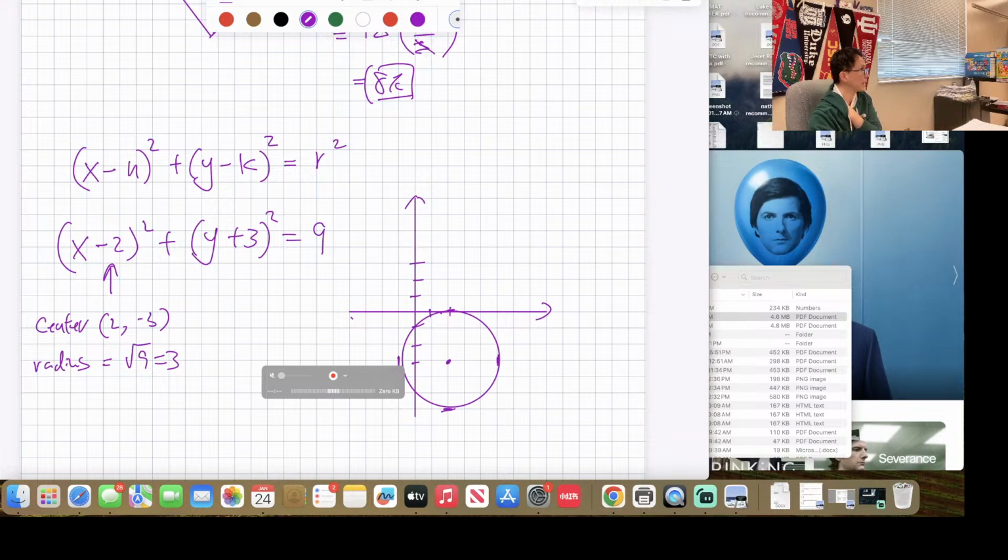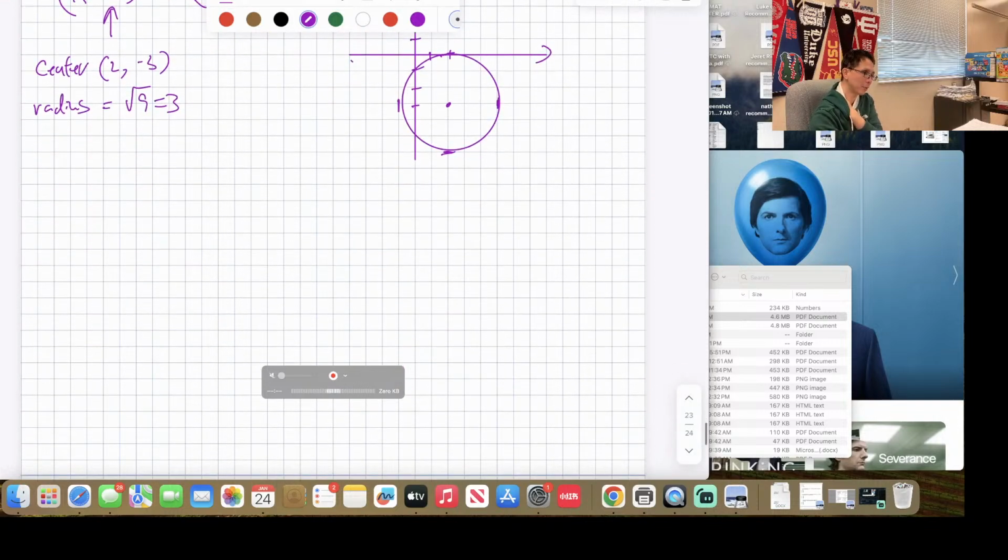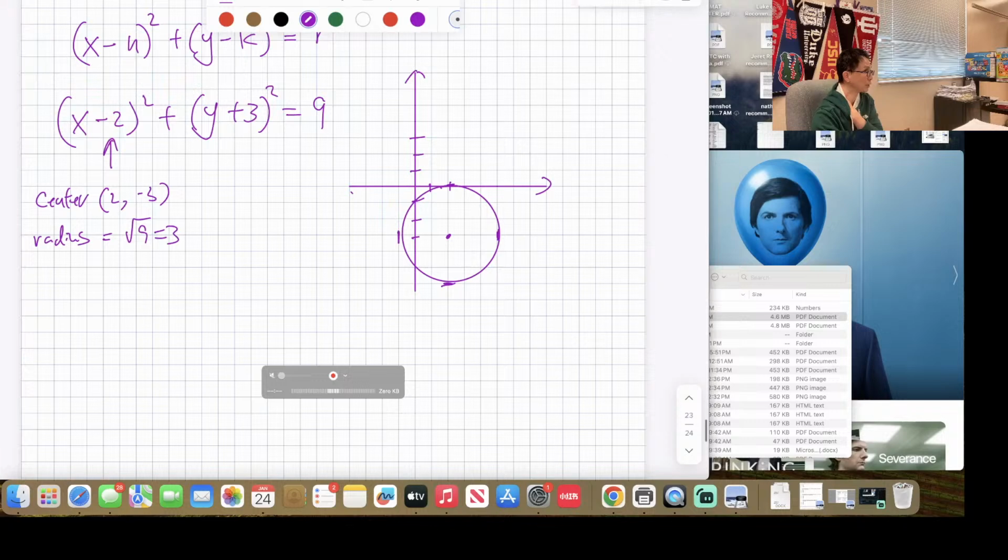Now, unfortunately, the SAT is not going to give it to you like that. The SAT usually asks you to complete the square. So the SAT will give you something called general form.